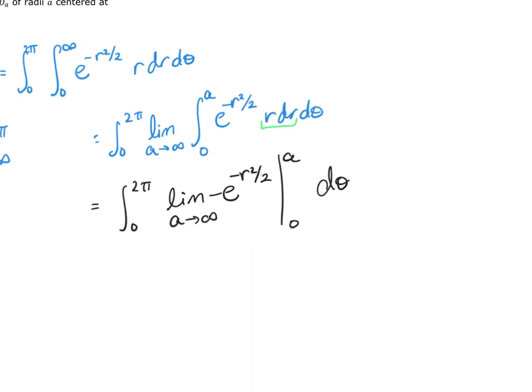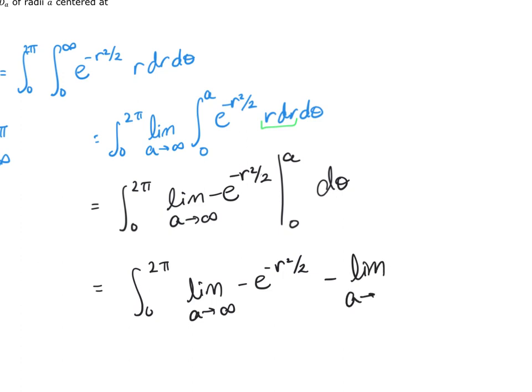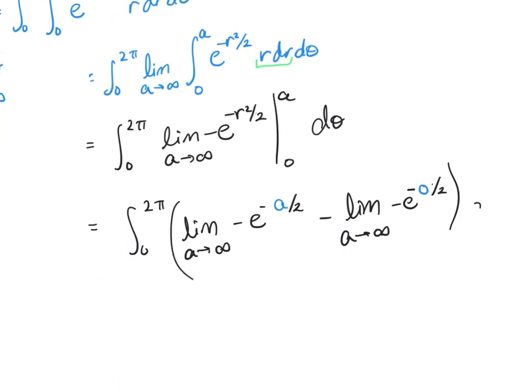Which is going to be equal, from 0 to 2 pi, to the limit as a goes to infinity of negative e raised to the negative r squared divided by 2, minus the limit as a goes to infinity of negative e raised to the negative r squared divided by 2, where my r squared gets replaced with a in the first term, and this r squared over here gets replaced with 0, d theta.